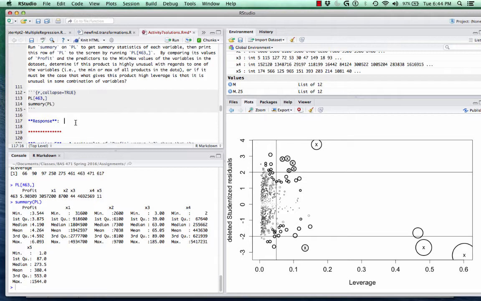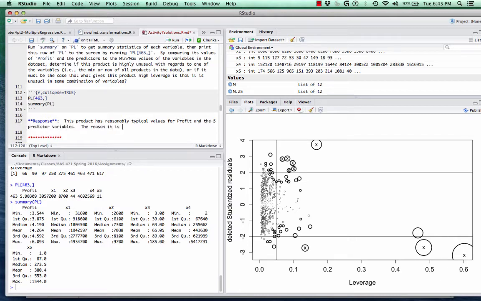So what we're finding is that this product isn't that unusual in terms of its profit or any of its predictor variables. What's making it influential is some higher order combination of variables, something that we can't immediately identify from looking at the actual values themselves. So this product has reasonably typical values for profit and the 5 predictor variables.